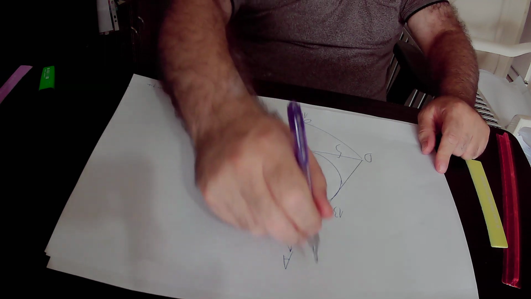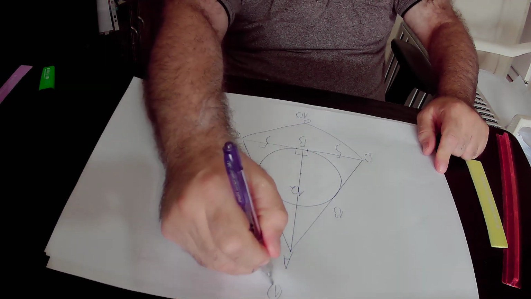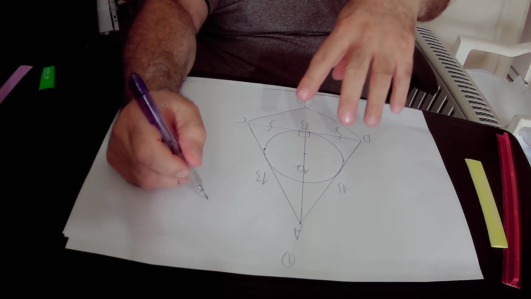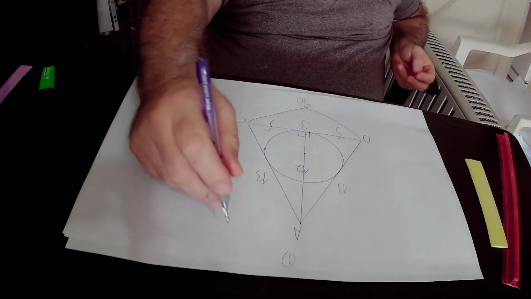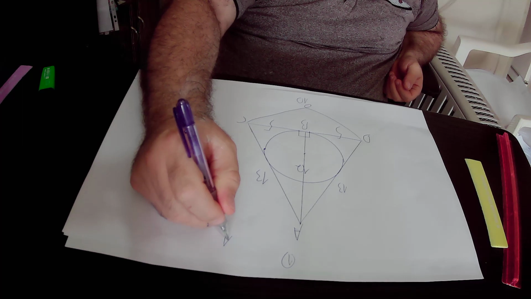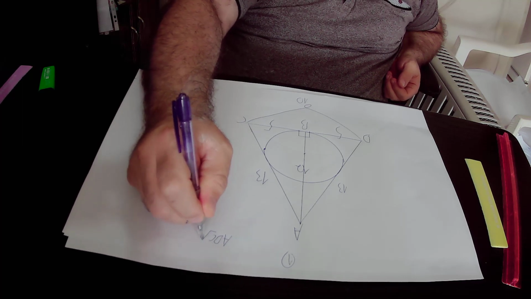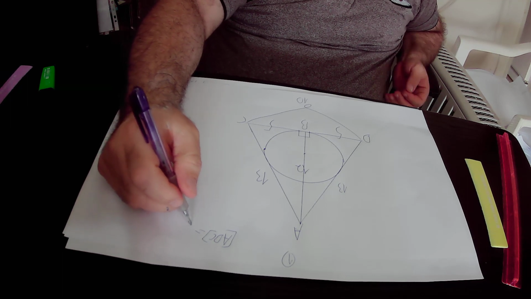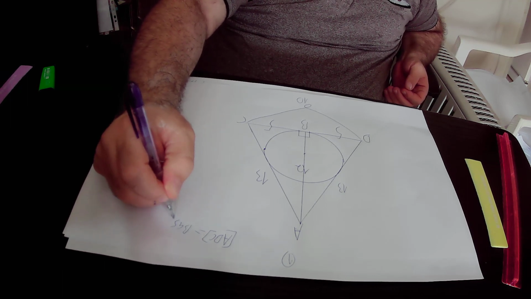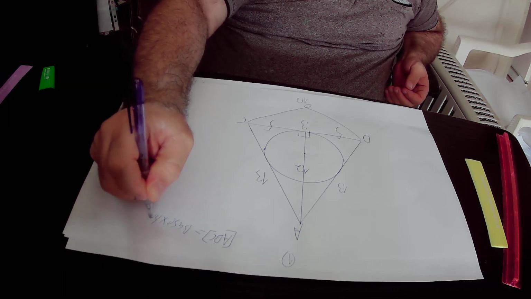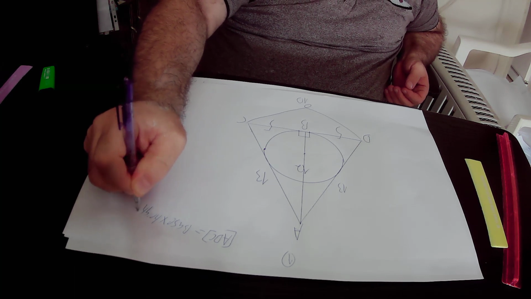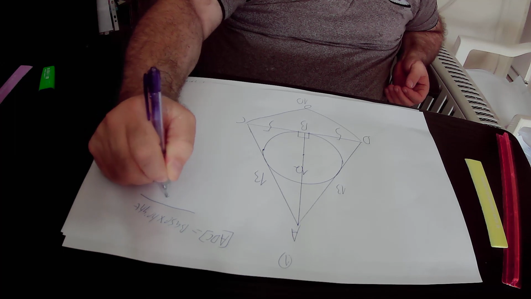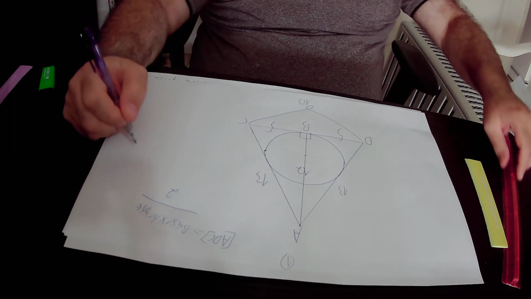So here we can find the area of this isosceles triangle, triangle ADC. The area of the isosceles triangle ADC is equal to the base of the triangle times the height to the base over 2. This is the formula for the area of any triangle. Okay?